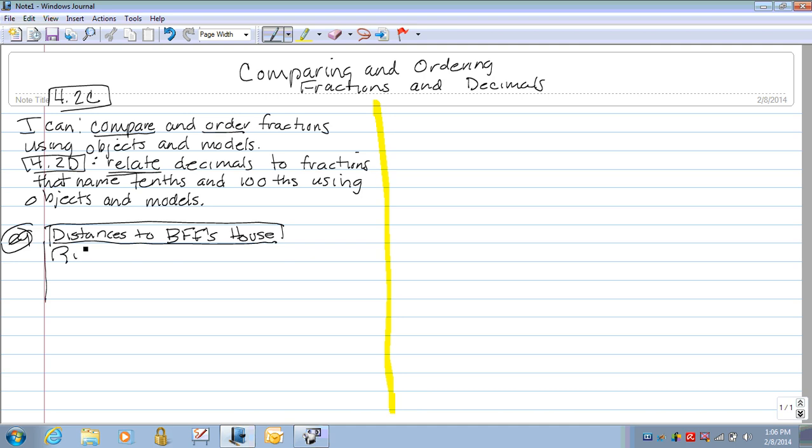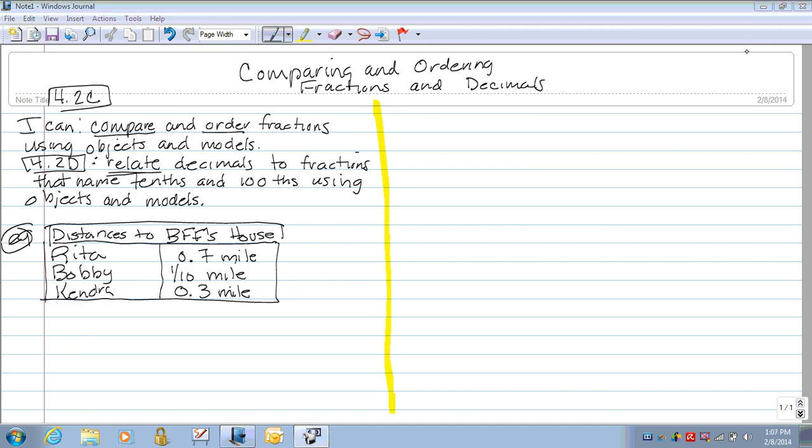And I have Rita, I have Bobby, and I have Kendra. And the distance to Rita's house is 0 and 7/10 of a mile. Bobby's distance is 1/10 of a mile. And Kendra is 0 and 3/10 of a mile. Push pause to write your chart.